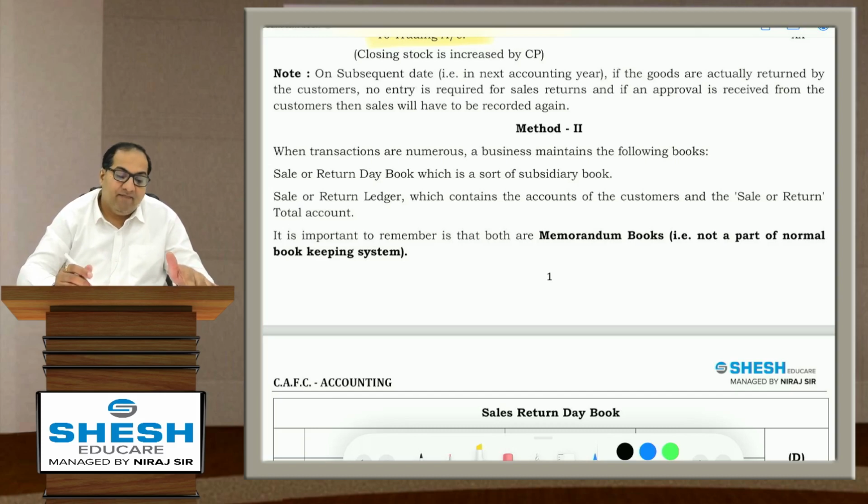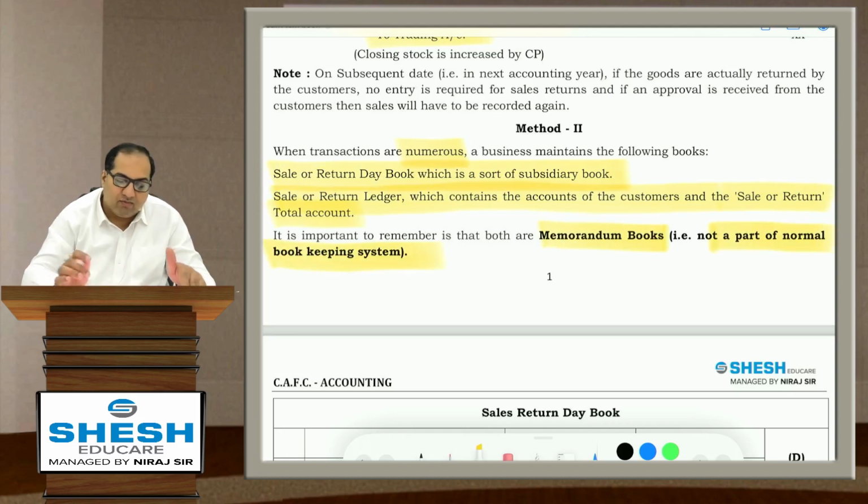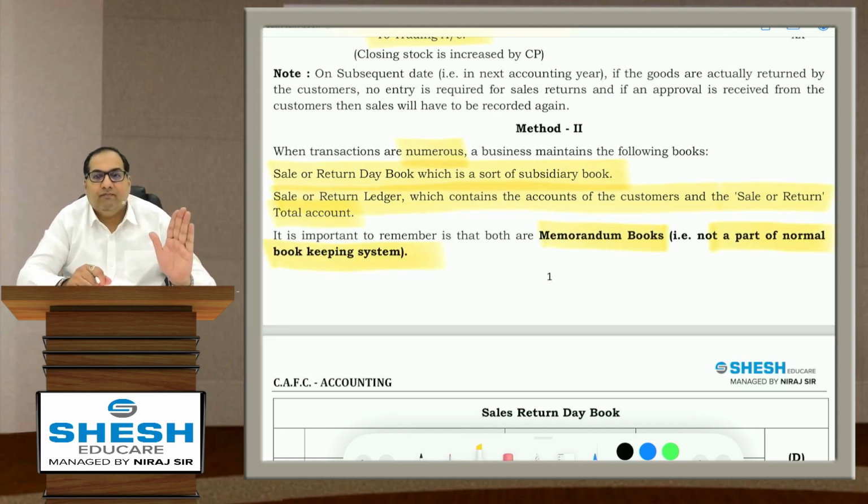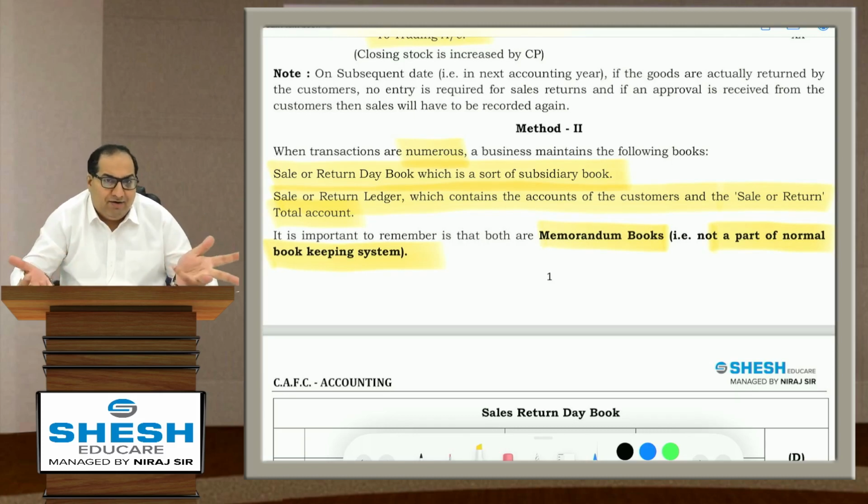So please understand, when the transactions are numerous, that is many, a businessman maintains the following books: sale or return day book, which is sort of a subsidiary book, and sale or return ledger, which contains the accounts of the customer and sale or return account. But remember, both are memoranda books and are not part of the normal bookkeeping system. That is why I said, in simple Hindi or English, it's a rough journal and rough ledger.